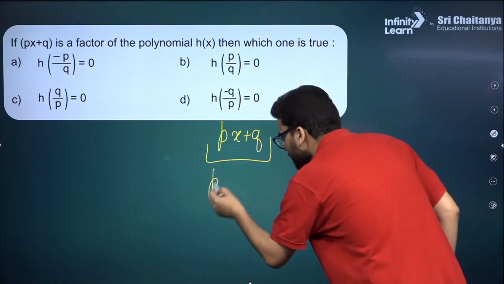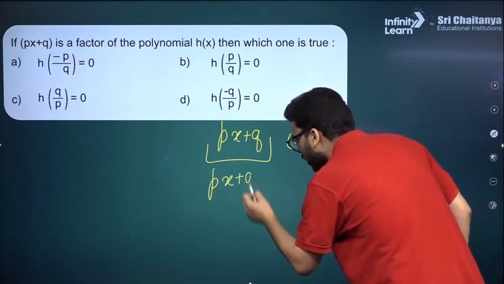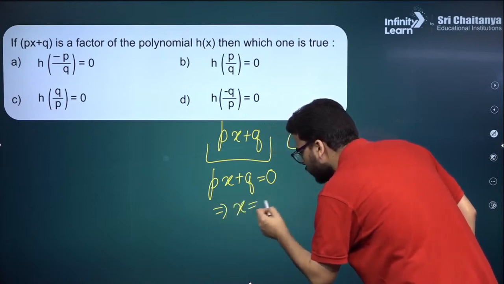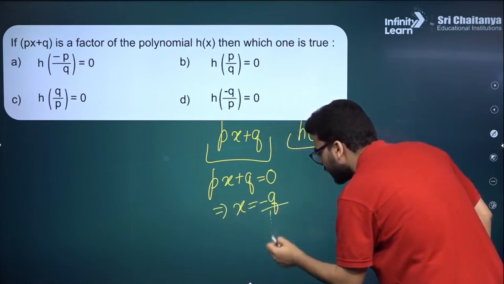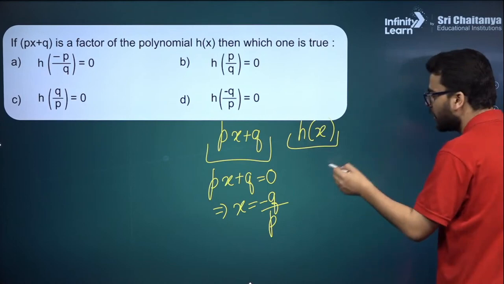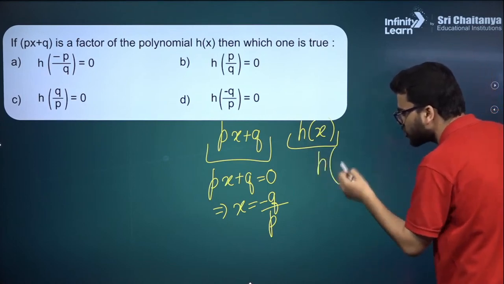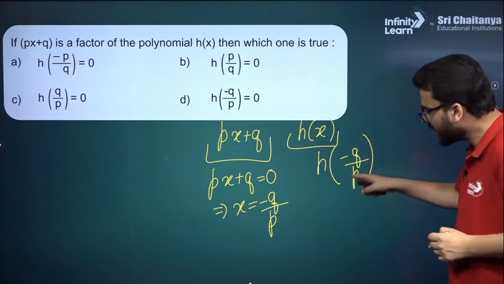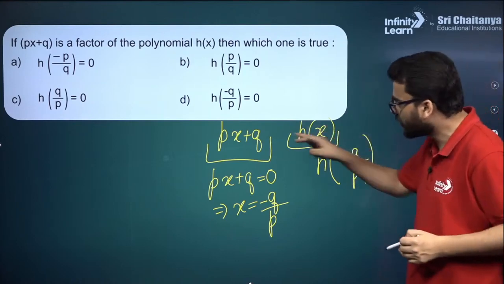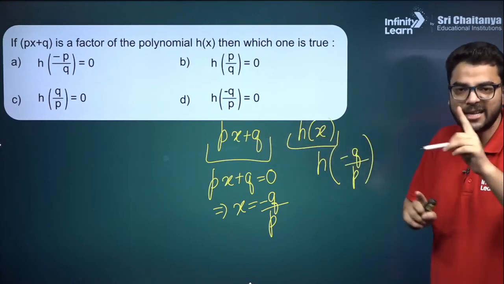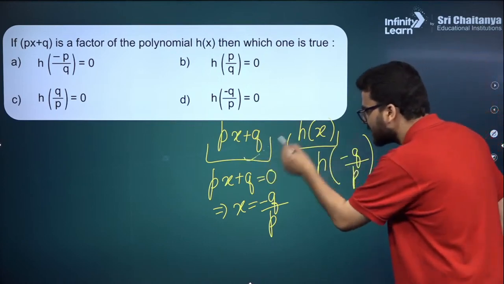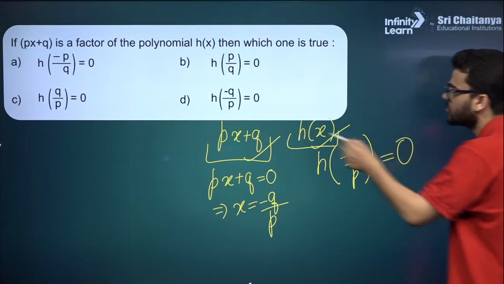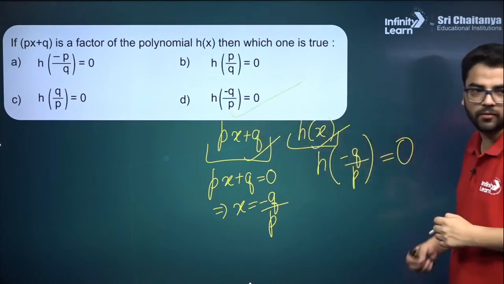I will put this linear polynomial equal to 0, so I will get x equal to minus q by p, correct? So according to the remainder theorem, the remainder has to be h of minus q by p, correct? This is the remainder when I am dividing h of x by px plus q, but it is already given that this is a factor of this. So therefore the remainder has to be 0. So therefore option D is correct over here.